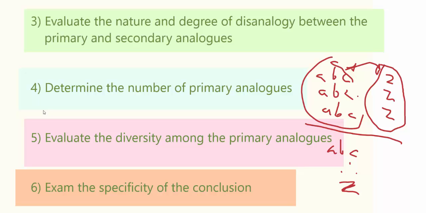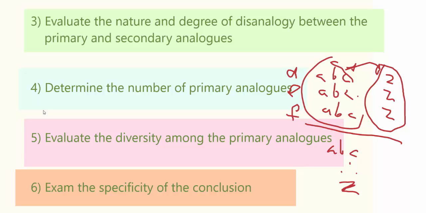if there's a good deal of diversity among the primary analogs, then that's going to make the argument stronger as well. So if you find out, for instance, that this primary analog has D, this has E, this primary analog has F. So it's got these dissimilarities with each other.